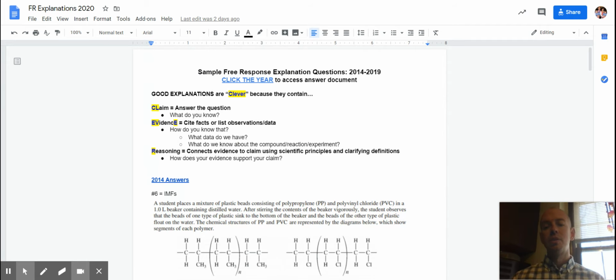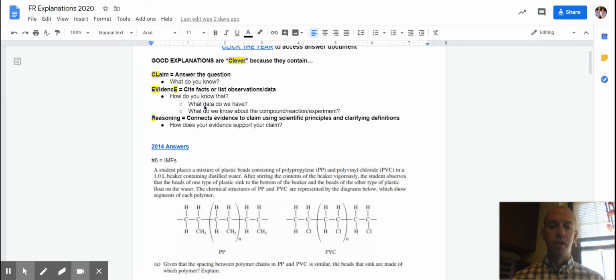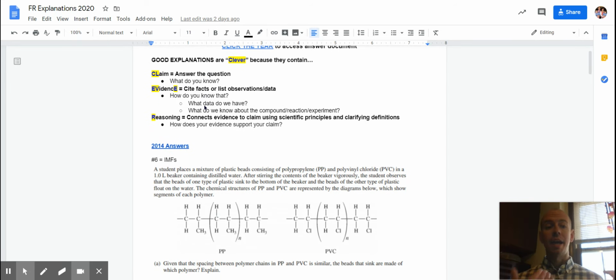And as we're doing this, whether it's a lab-based explanation, whether it's a compound-based explanation like this, make sure that you're specifically answering the question that is asked. It may say which will, like right here, which will float, which will sink. Say which one sinks. Do that.